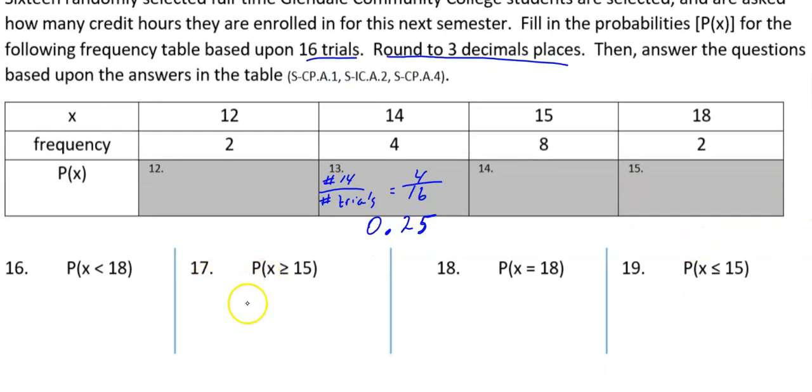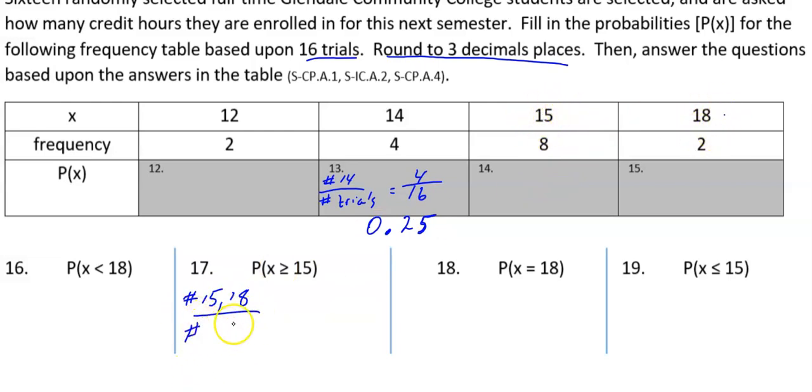And if I look at 17, I'll help you with 17. 17 is saying how many people took 15 or more credit hours. It's an equal sign, so it includes 15 or more. So that probability is going to be the number of 15s and 18s, because if you look, it's 15 and 18. Those are the ones that are bigger.